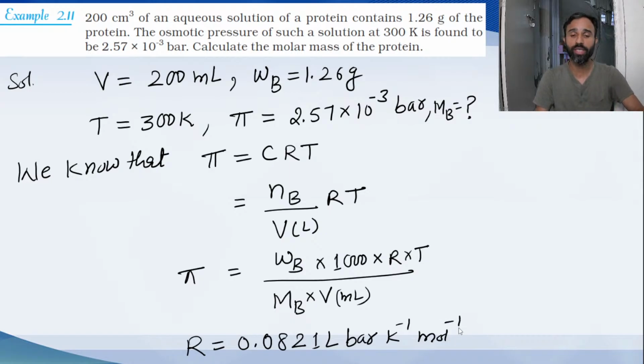The value of R is the same as 8.314 in joule per Kelvin per mole, but at that time pressure should be in Pascal or kilopascal, SI units. And here, volume is in liter, pressure in bar, temperature in Kelvin. So we take this value of R, 0.0821 liter bar per Kelvin per mole. Just put the values. Pi is 2.57 into 10 raised to power minus 3 bar.